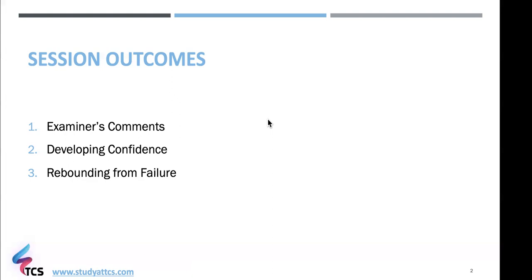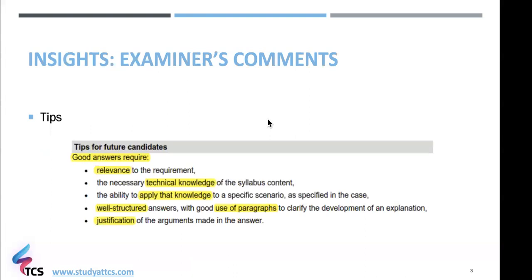I will be explaining several different shortcomings, and for each shortcoming I will be providing a solution. So you need to iron out your problems this time if you want to pass the exam comfortably. So these are the three areas which will be covered in tonight's webinar. Moving forward, first things first, let's look at examiner's comments.